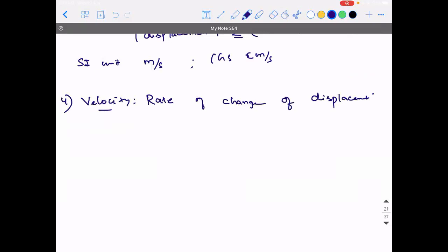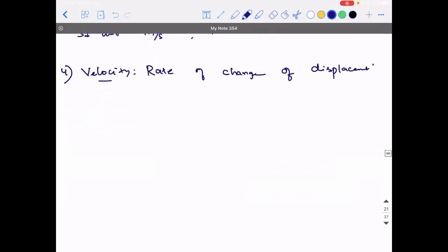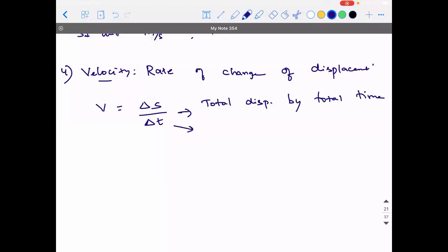Okay, these are all terms which you guys already know. So velocity is generally represented by the symbol V. And how do you write V? V is written as delta S divided by delta T, which is nothing but total displacement by total time. And this value is called average velocity.